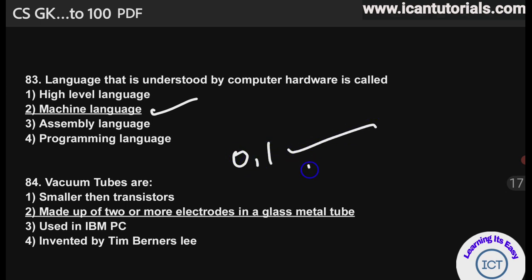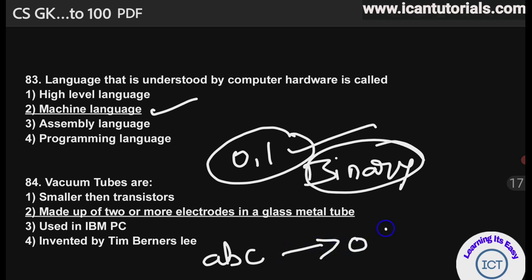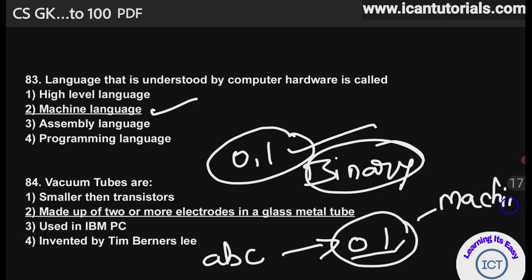It is called binary language. This binary language is also called machine language. Whatever we type, if I type ABC, ultimately it will be converted to zeros and ones, which can be understood by the machines. That's why it is called machine language.